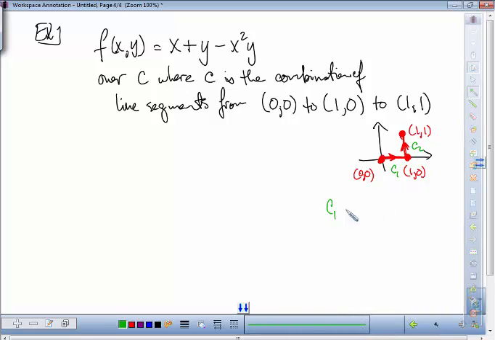So let's parameterize C1, r of t. Of all the things that you need to be able to parameterize, lines and circles are the most important. You're going to have to deal with other types of curves that you'll eventually get to parameterizing.